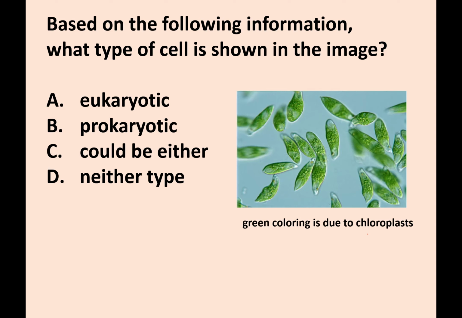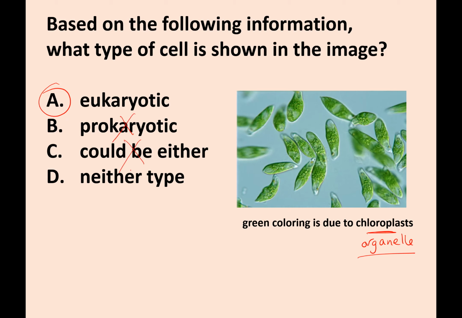Green color is due to chloroplasts. Chloroplasts are an organelle. Therefore, it is also a eukaryotic cell. Prokaryotes can be green, but they don't have chloroplasts.